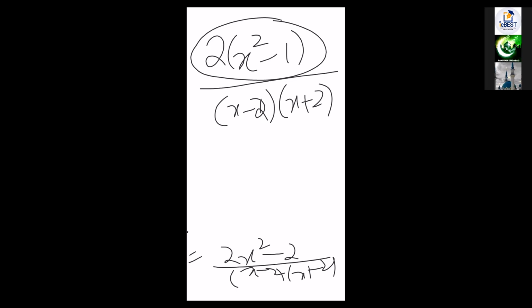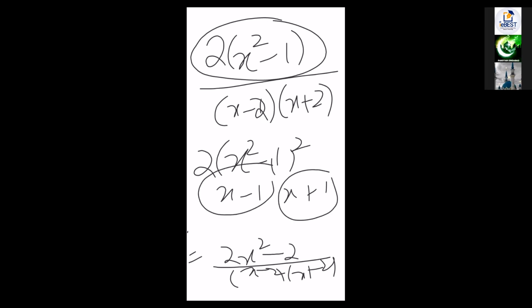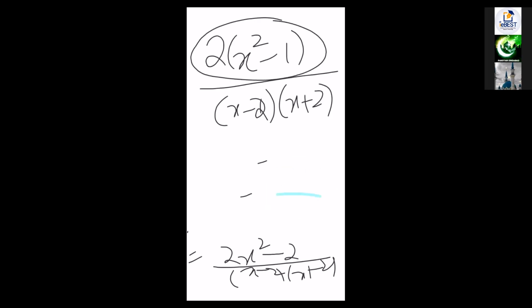We can, but if we repeat the same term, x squared minus 1, it would be x minus 1 and x plus 1, but x minus 1 and x plus 1 are not going to get cancelled with the denominator. Oh no, they won't get cancelled. Okay. So the answer will be what? 2 into x squared minus 1, divided by x minus 2 and x plus 2.